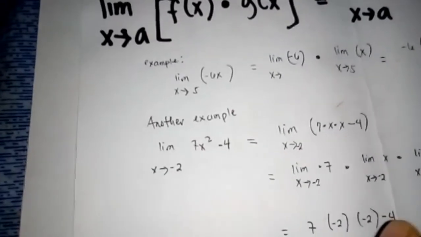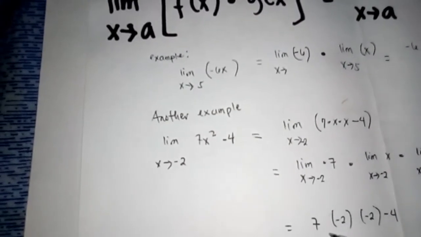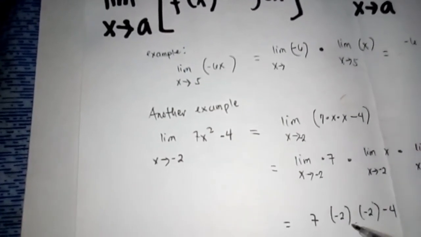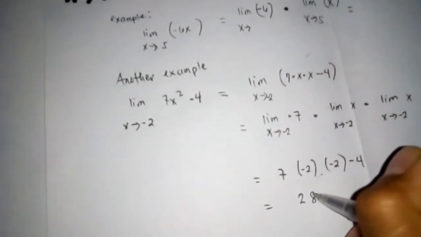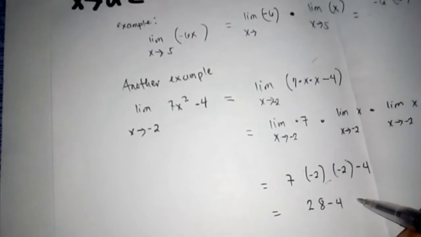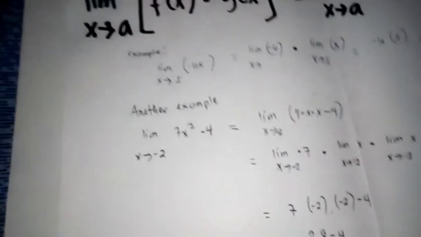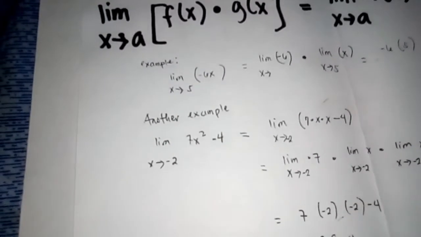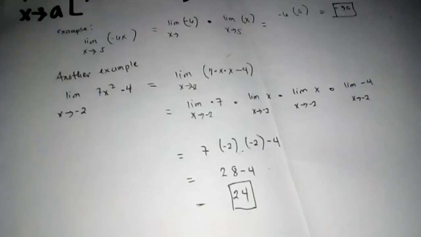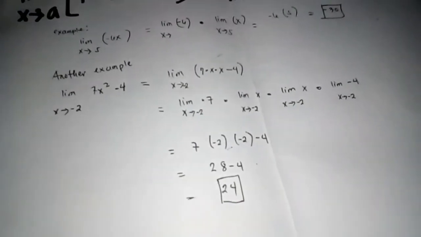So 7 times 4, which is 28, minus 4 is equal to 24. So 24 is the answer. So therefore, the limit of a product is equal to the product of the limits.